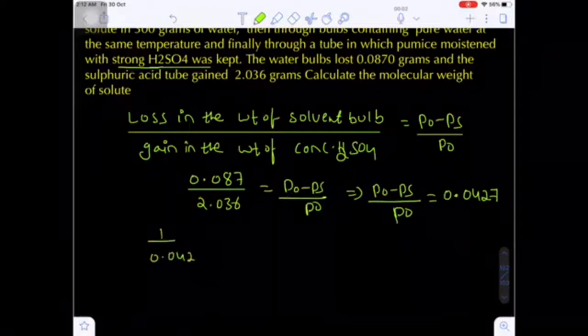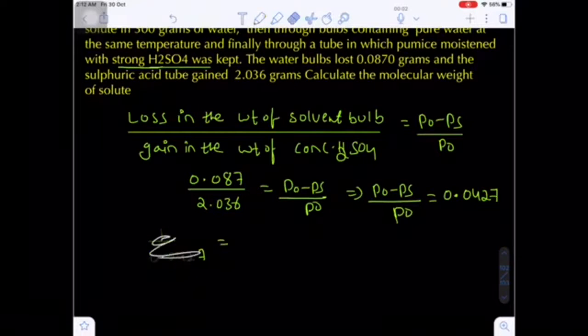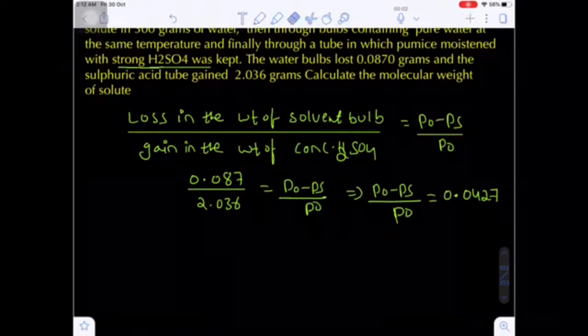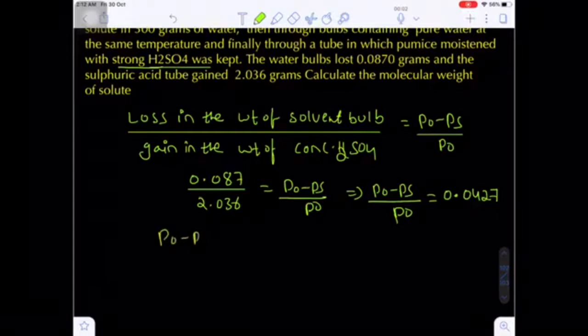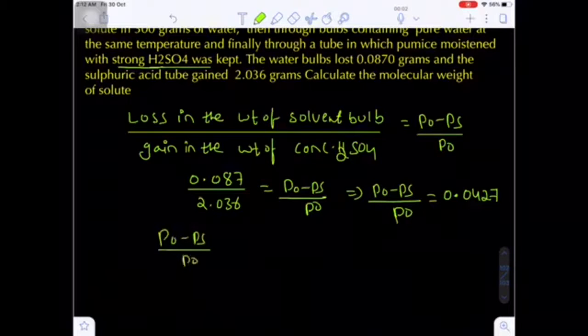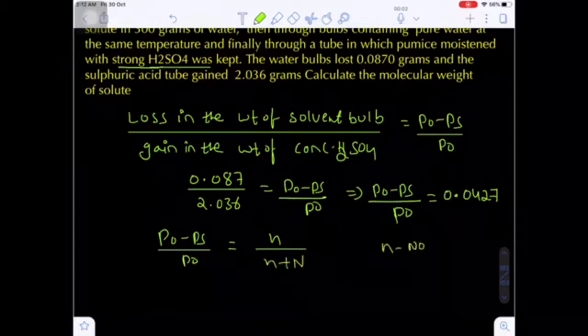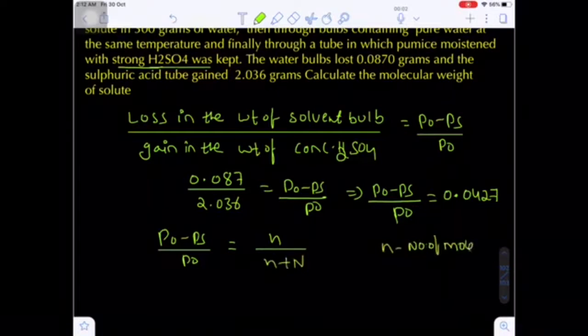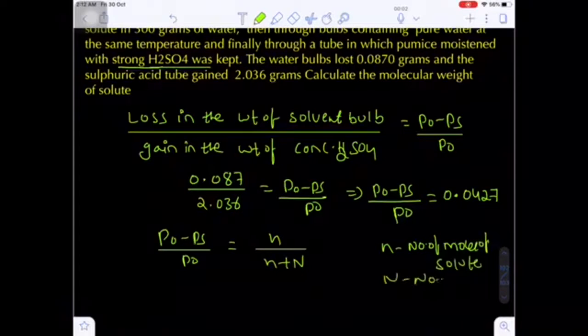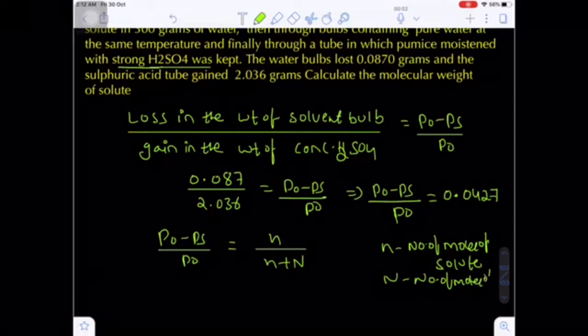Yes or no? Now here 1 by 0.0427 will be equal to, but before doing this, what is P0 minus Ps upon P0? That will be equal to the mole fraction of solute, number of moles of solute upon number of moles of solute plus solvent. Small n stands for the number of moles of solute, capital N stands for the number of moles of solvent.